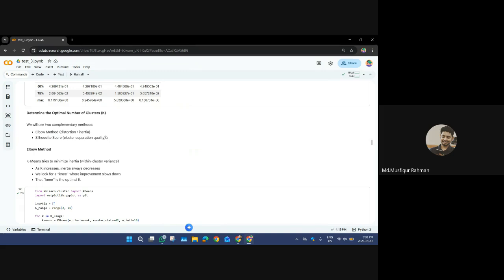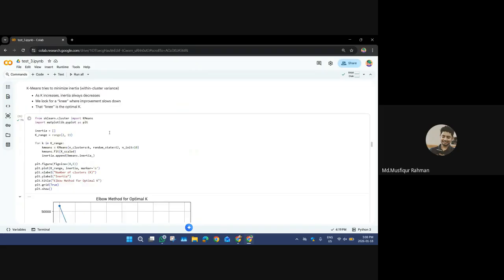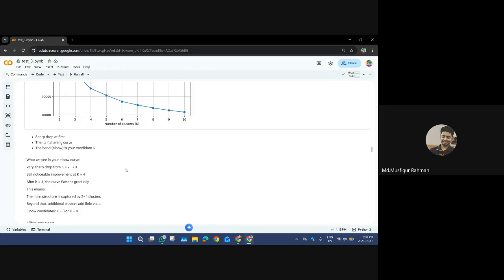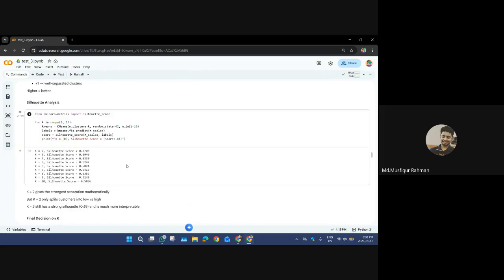Then we compute the value of k. We use two methods, one is the elbow method and the other is the Silhouette score. For the elbow method, the point should be at 3 or 4, and for Silhouette, the bigger score is good. The Silhouette score for 2 is 0.77, and for 3 is 0.69.